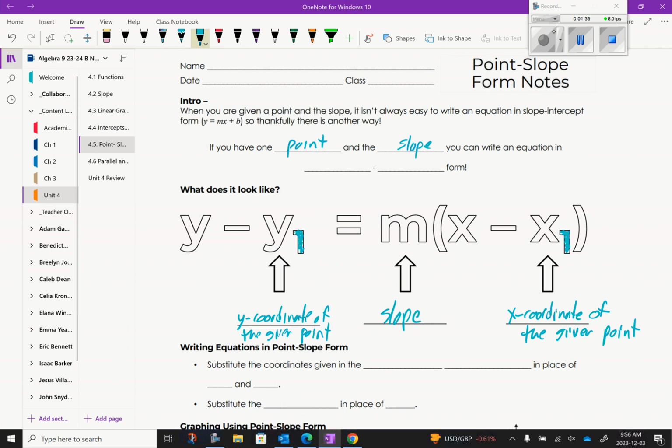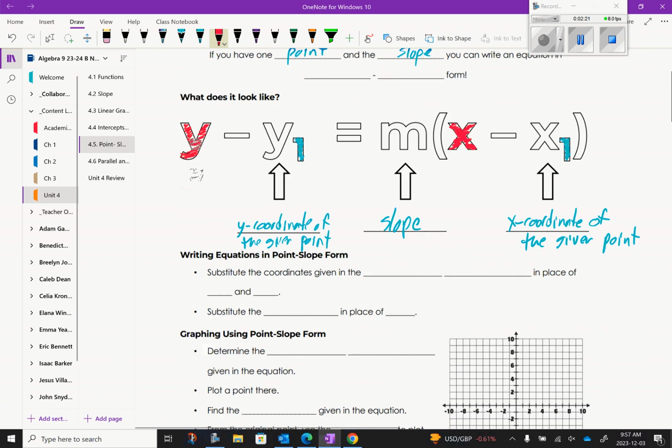Now again, let's not get these mixed up here. The y sub 1 is not the same thing as the y. The x sub 1 is not the same thing as the x. In the end, we want an equation that's still written in terms of x and y. So for those two variables, we're never ever going to substitute. For the other components, we are going to substitute the y coordinate of the given point, the slope, and the x coordinate of the given point.